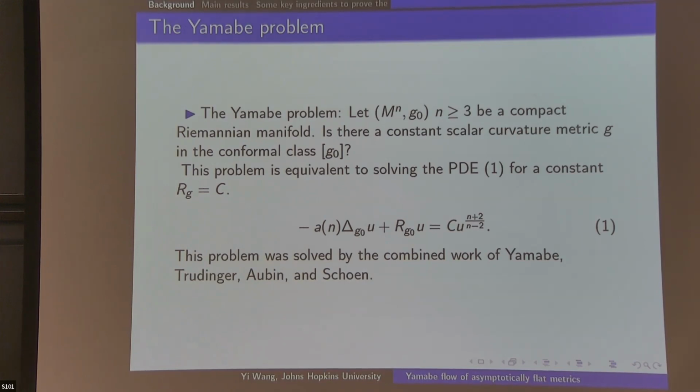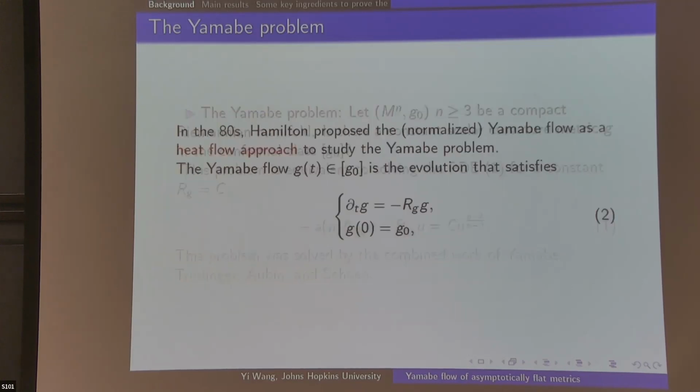If you could find the minimizer of this functional, then you find a critical point of this equation. And the most intuitive way of finding a minimizer is to run a gradient flow along certain directions so that it decreases most efficiently. This gradient flow is actually given by the Yamabe flow. So Yamabe flow is the gradient flow of this variational structure.